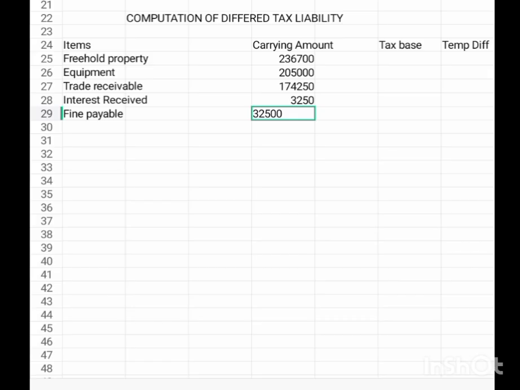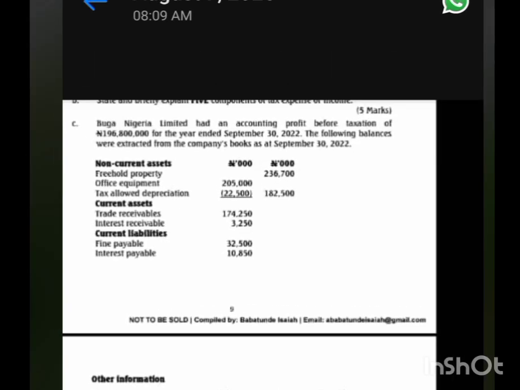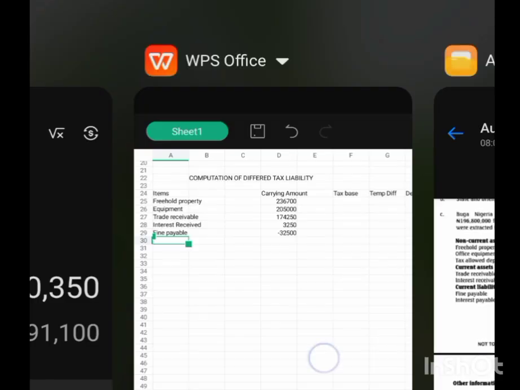That is not it. It is the difference because it is being paid, so you put it in brackets. Are you getting it? So we have interest payable as well, which is 10,815.